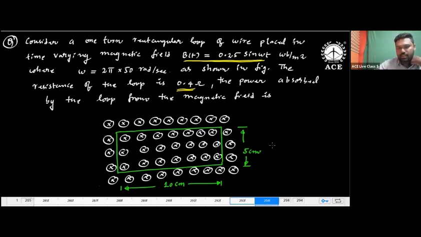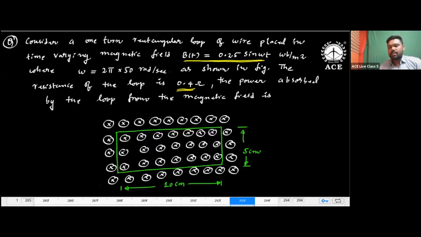Let me turn the page here. First, what you need to do. What is the voltage, beta? V is equal to minus d by dt of psi m, which is equal to minus d by dt of B into area. Why?